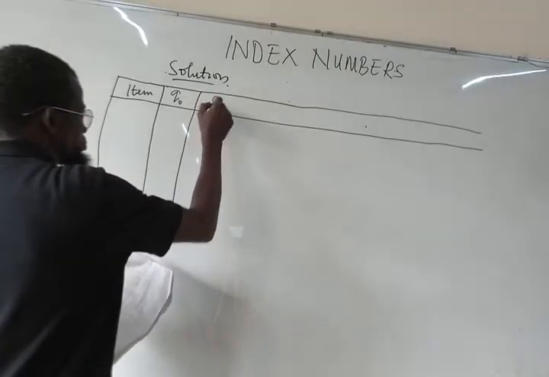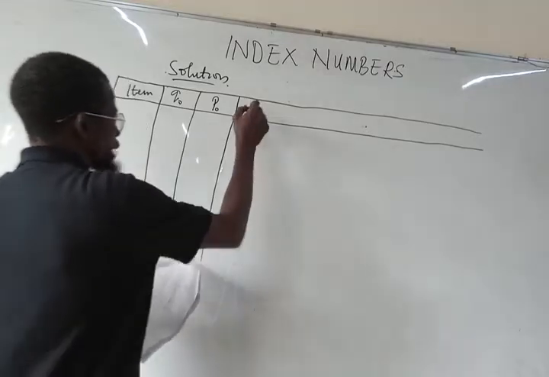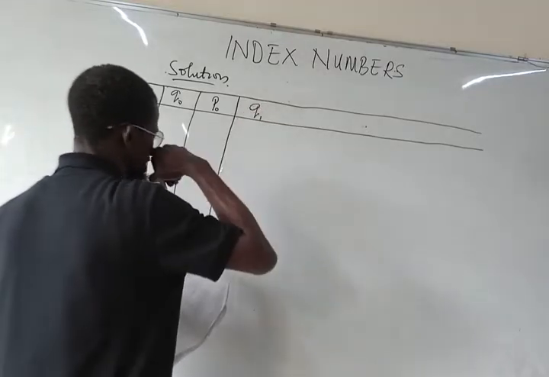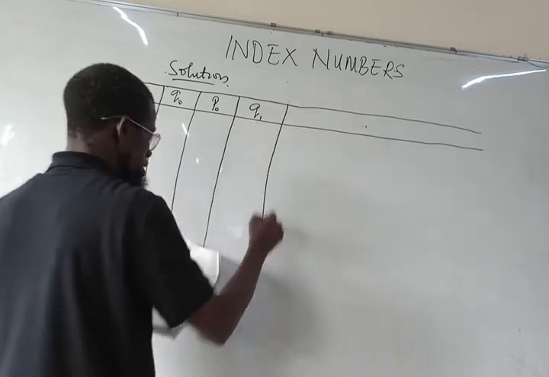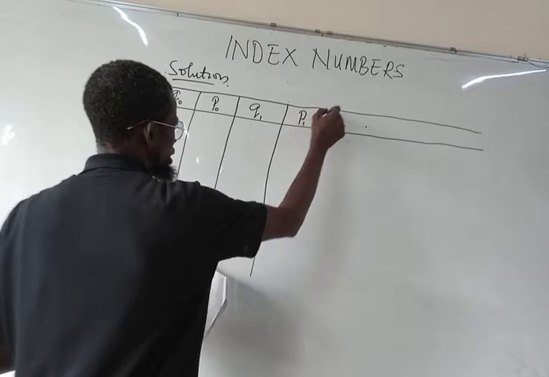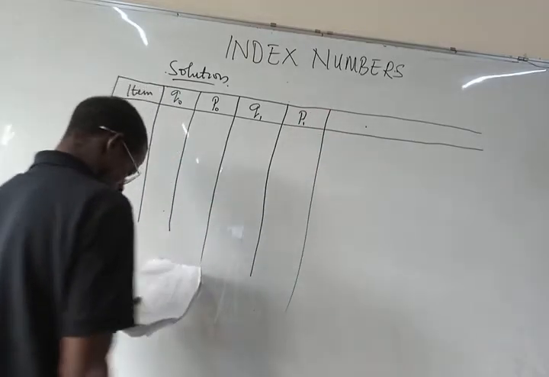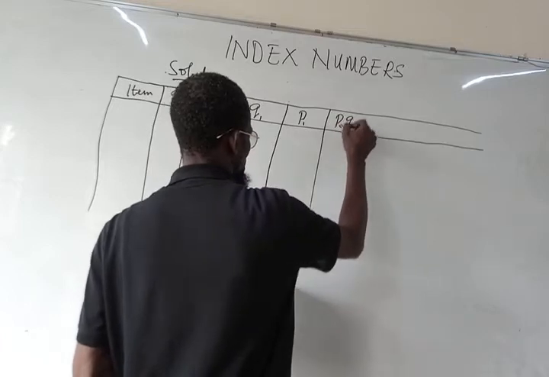We have our base year price column. We have our Q1, that is, we have our P1, that is our current year. Then we have another column for P0, Q0.